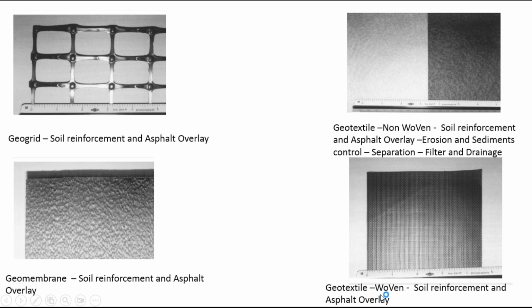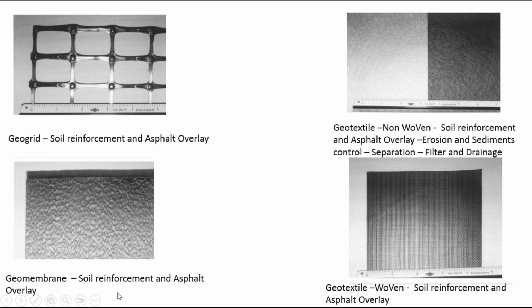Geotextile also comes as a woven, which is used for soil reinforcement and asphalt overlay. Geomembrane is a polyethylene sheet, which has applications in soil reinforcement and asphalt overlay.